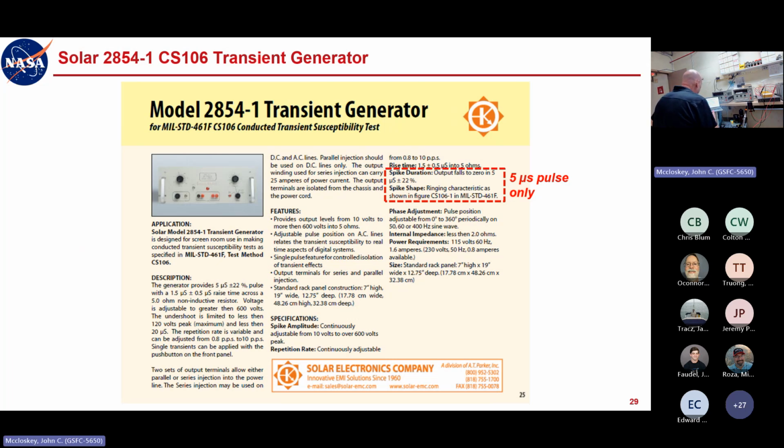So here again, this generator was built specifically to do CS106 testing that is no longer applied, at least per 461G and later. There may well be some military platforms that still insist on doing this. That's beyond my control. But there's no reason to ask anybody to go buy one of these things. I'm just providing this for context.